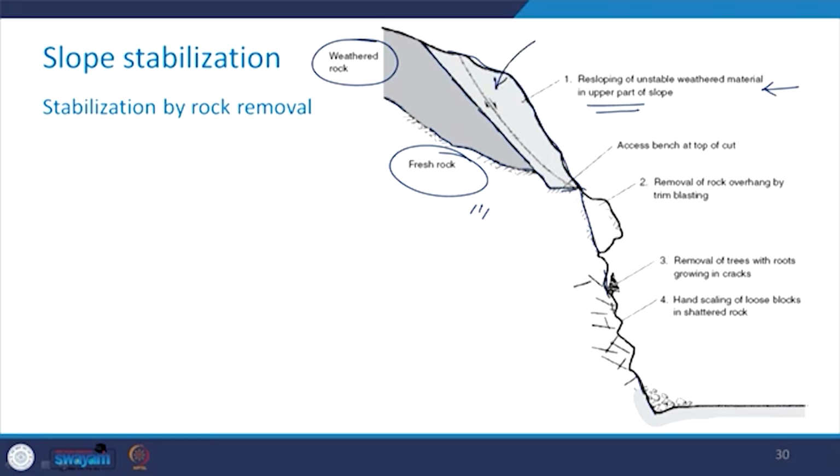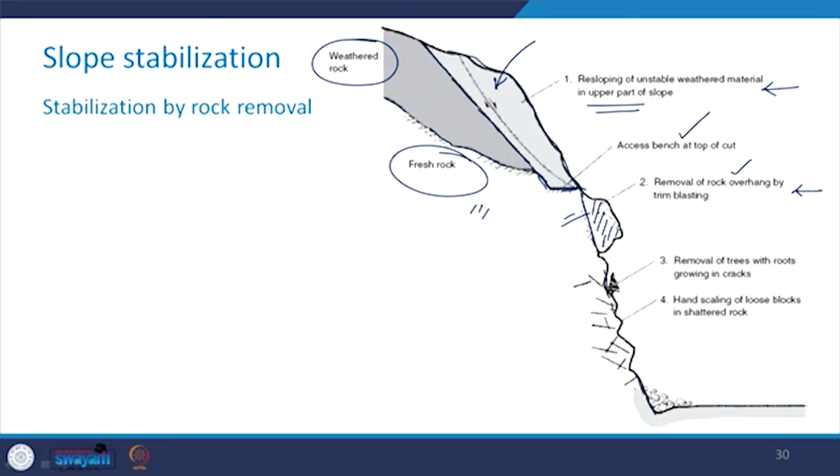Then there would be the excess bench at the top of this cut, and the second step will include the removal of rock overhang by trim blasting. So, you see that this is not the weathered material, but the rock only. So, using the trim blasting, this overhang would be removed.